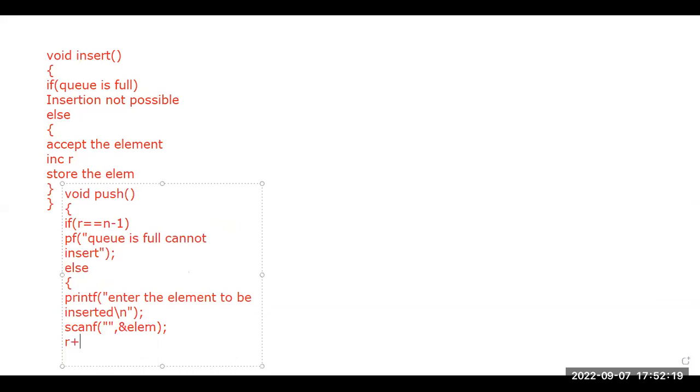R plus plus, and then Q of R equals to element. Am I right or not? Any changes in this? Q is full means R is pointing to n minus 1.